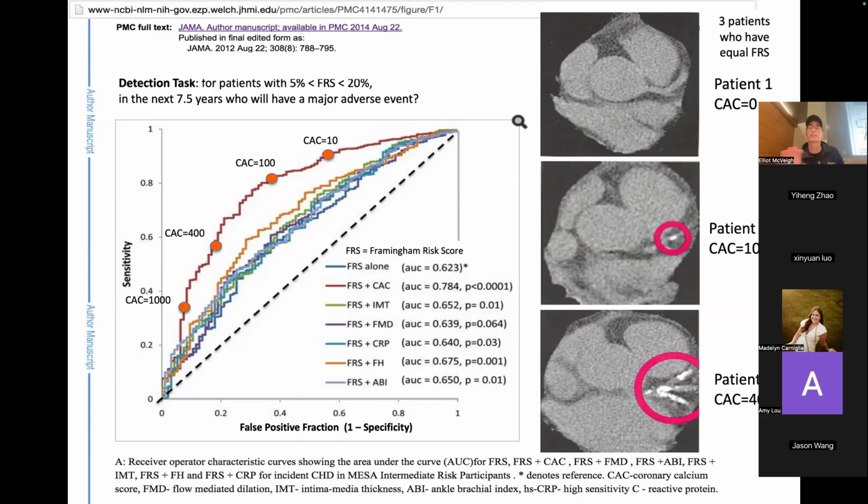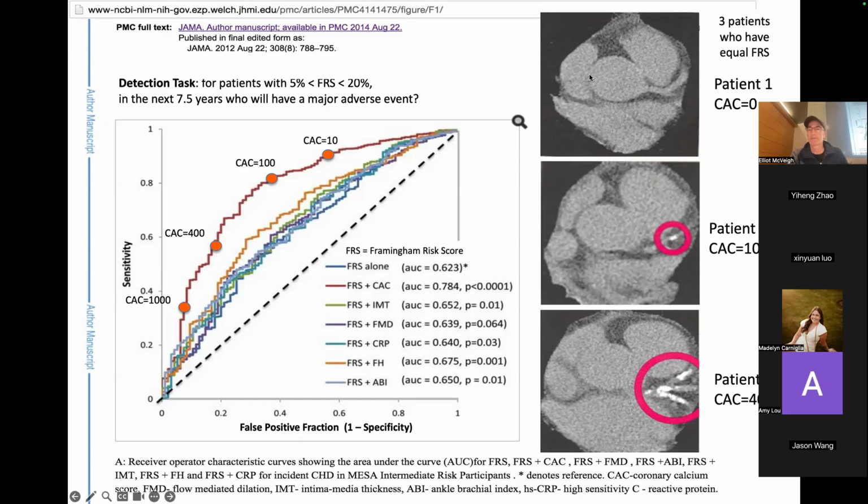And this is a trivial scan. You don't have to inject contrast. You just put the patient in the scanner, zip, do it in about a tenth of a second, and then you see these bright signals here if there is coronary calcium in that person's coronary arteries.